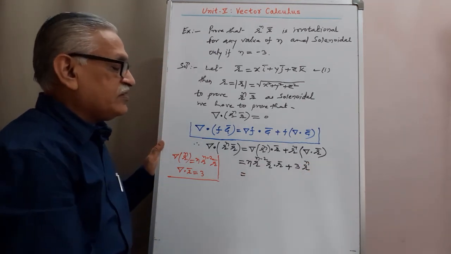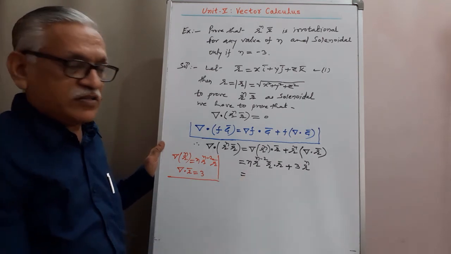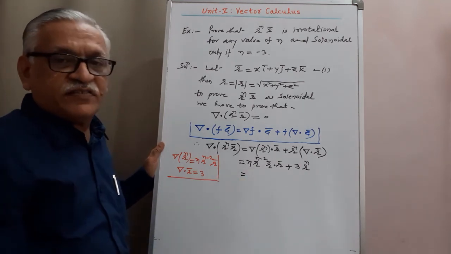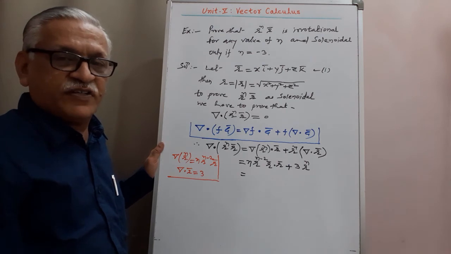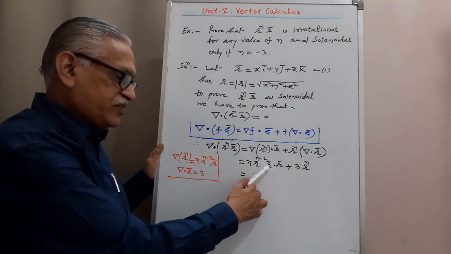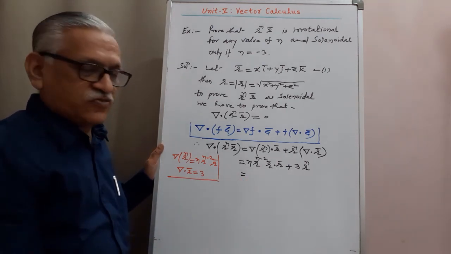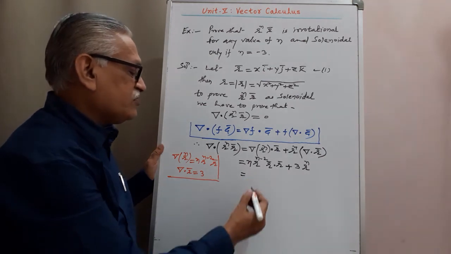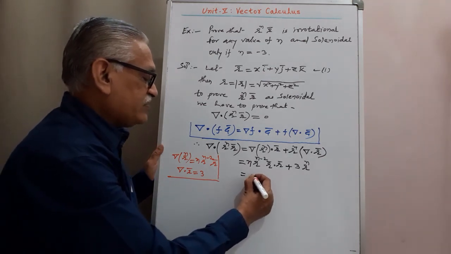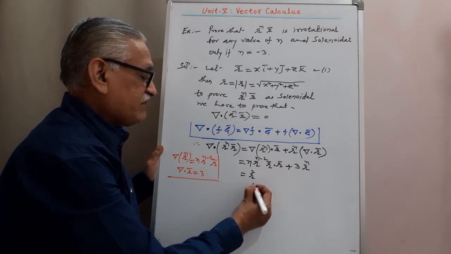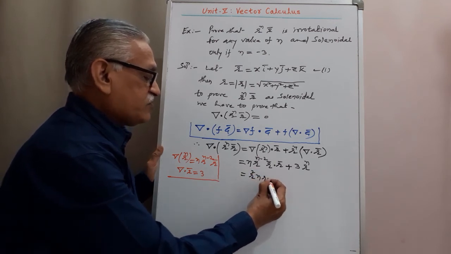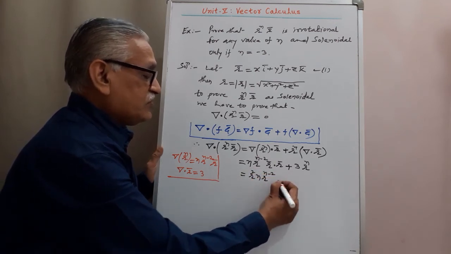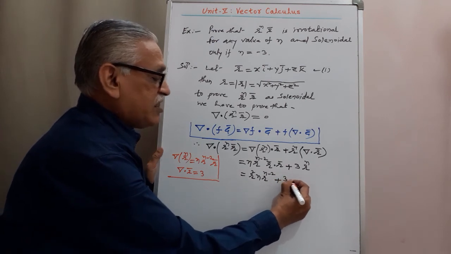Next simplification, we have the property for dot product. Dot product of two same vectors is the square of its magnitude. Therefore, the magnitude of the first one is r, the magnitude of the second one is also r. Therefore, that magnitude square is r square into n r raised to n minus 2 plus 3 r raised to n.